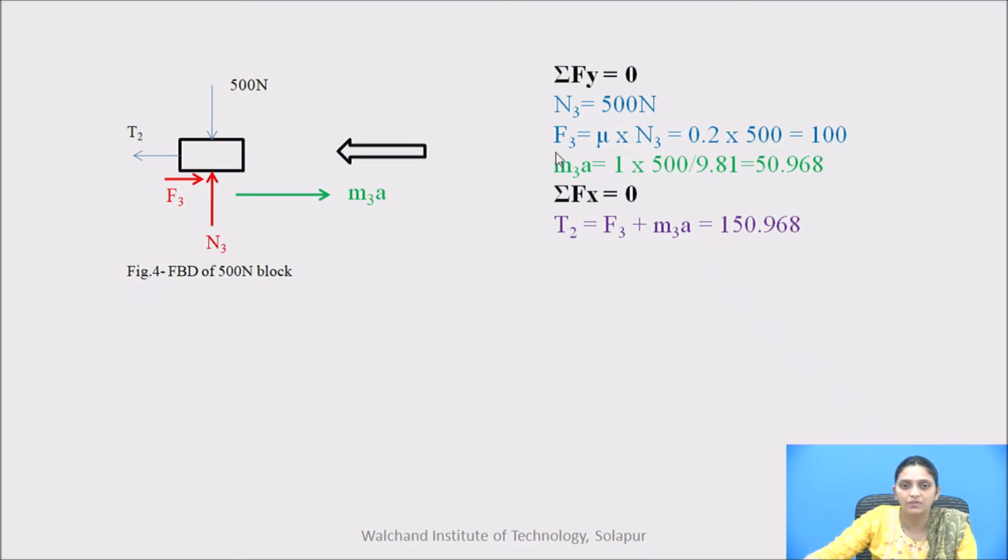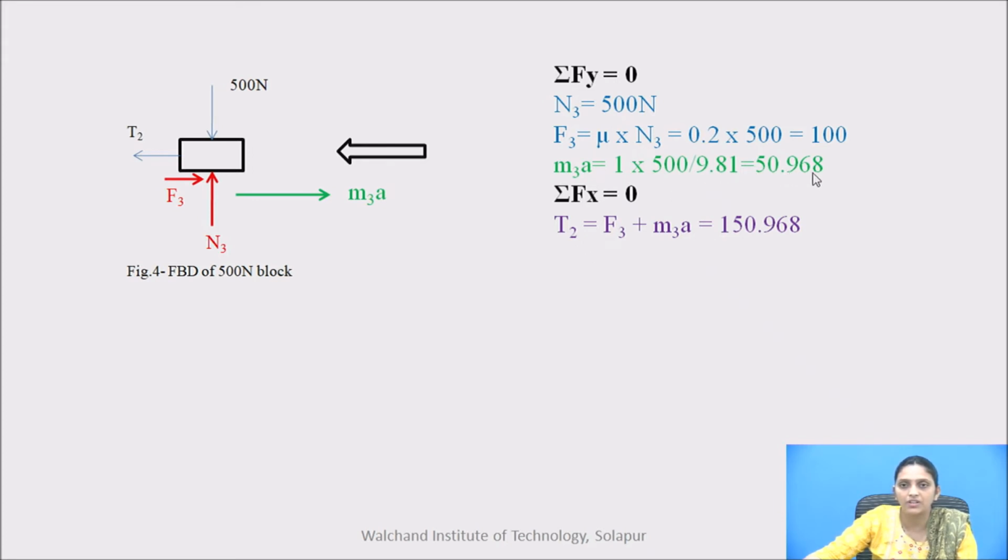Then the relation between normal and frictional force is F equals mu into N. So F3 is equal to 0.2 into 500, that is 100. Now find M3A, the inertia force, so it is 1 into 500 divided by 9.81, that is weight divided by gravity gives mass.